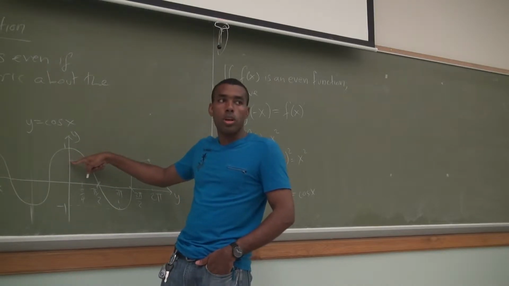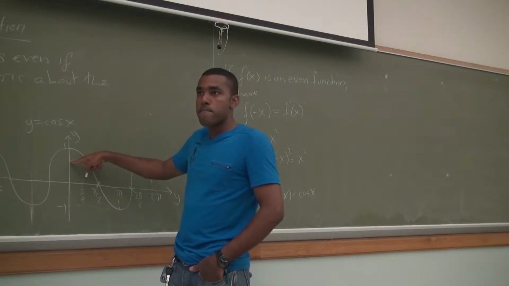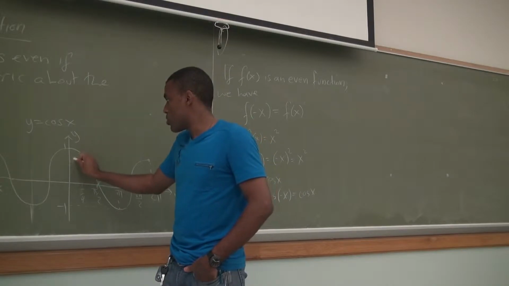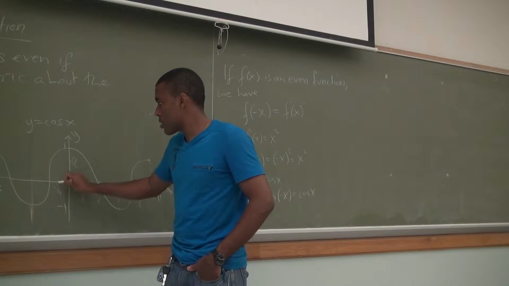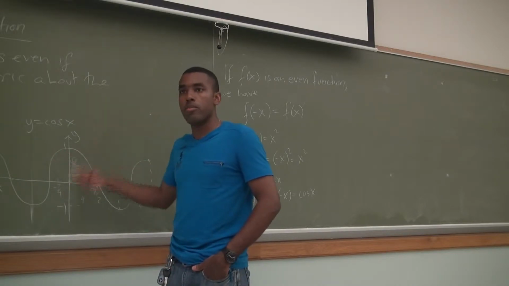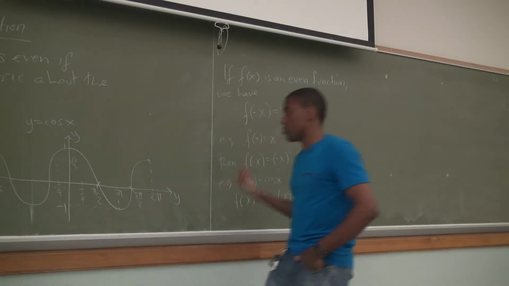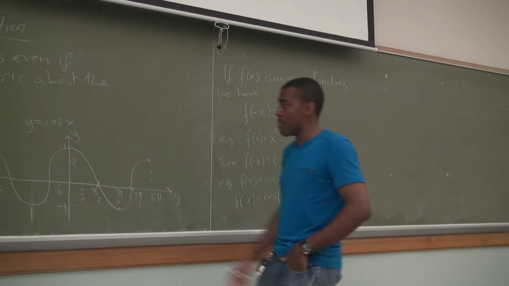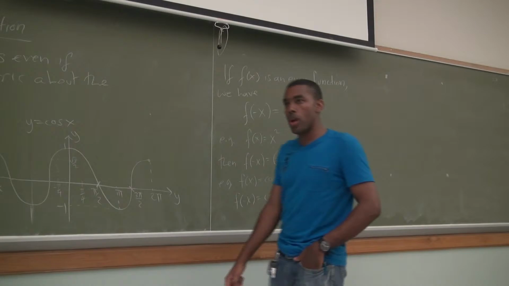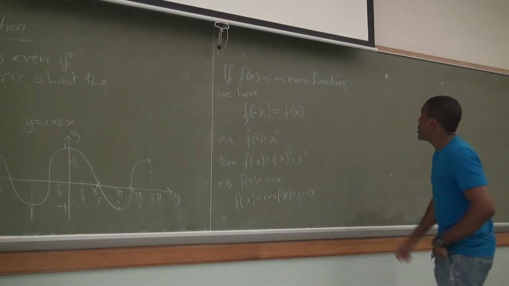Cosine of pi over 4 is radical 2 over 2. If you picked minus pi over 4, you get exactly the same value, radical 2 over 2. Whether x's are positive or negative, it gives you the same value. And what happens with the graph is it will be reflected about the y-axis whenever this happens.